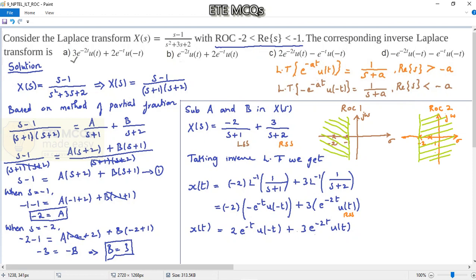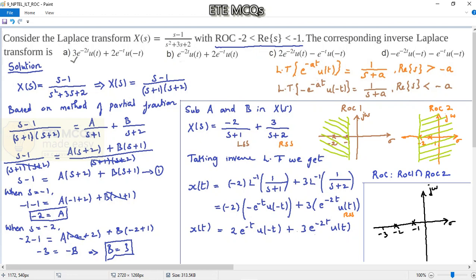Now the overall ROC is nothing but the intersection of ROC1 and ROC2. The overall ROC is given with sigma, j omega, poles at minus 1 and minus 2, and no pole at minus 3.